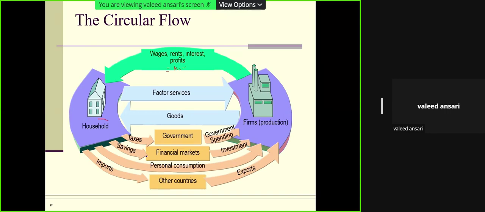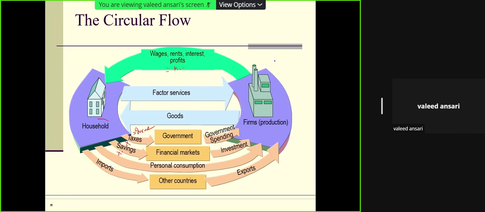Similarly, a part of saving goes into the financial market and is available for investment for businesses. And this part is the personal consumption, that is, a part of the income is used by the household. If you add all these things, it will become total income. Of the income received, a part is tax, and whatever is left after that is saving.